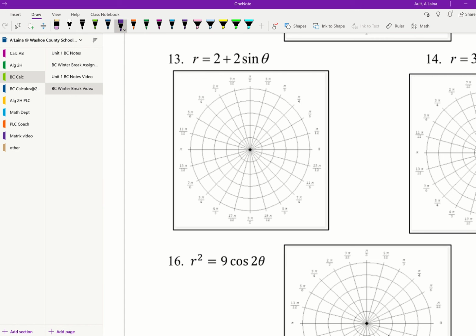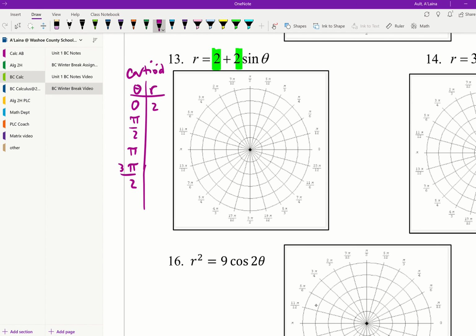All right, on this one, A and B are the same. This is a cardioid. This is along the y-axis because it's sine. You don't have to plot points if you're starting to see some patterns. I won't grade you on plotting the points. This is just a strategy you can use if you find it helpful. So if I get all of my values here, at 3 pi over 2 is where we're going to zero out because sine of 3 pi over 2 will be negative 1.